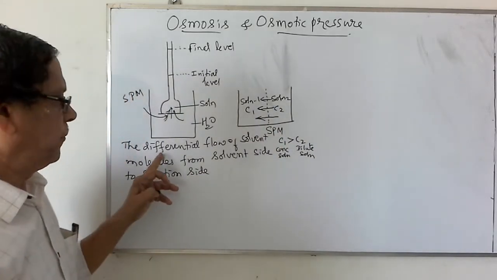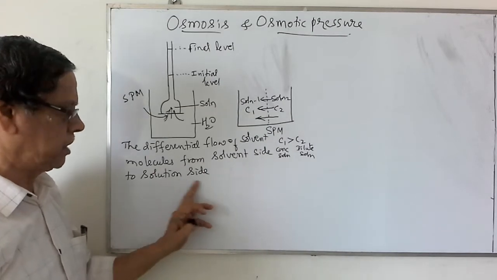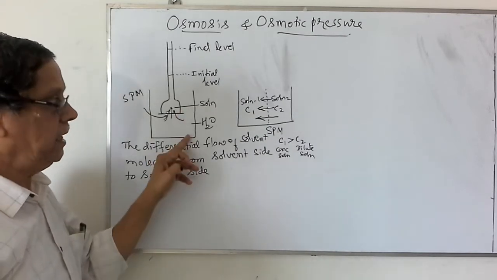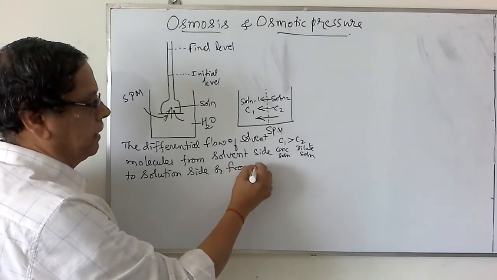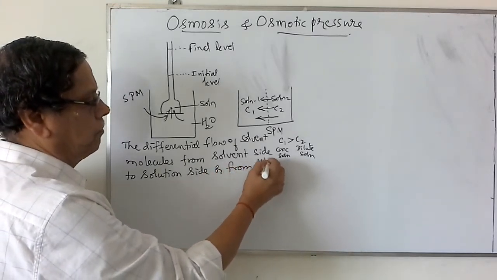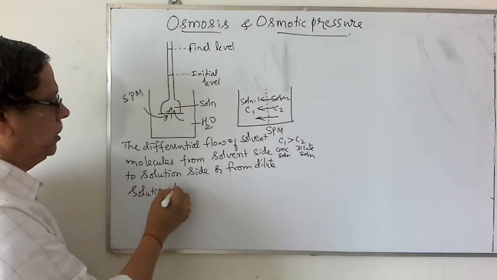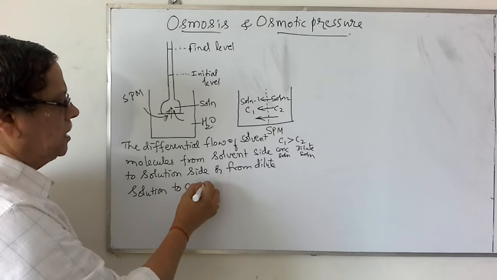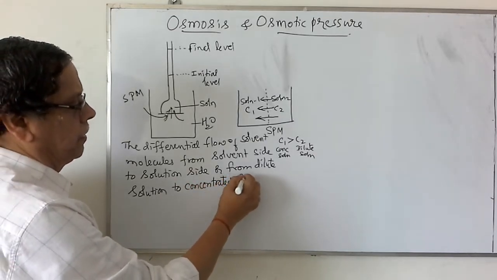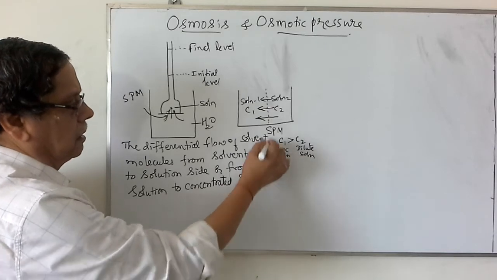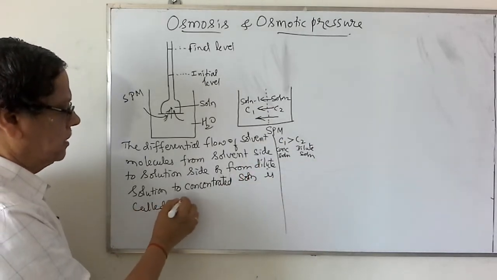So the differential flow of solvent molecules from solvent side to solution side in this case, or from dilute solution to concentrated solution, is called osmosis.